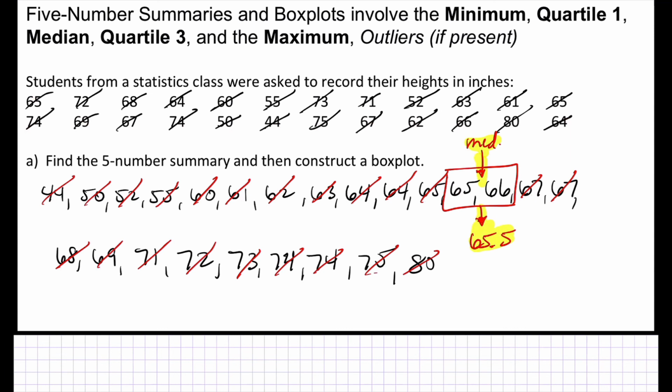We're going to find the middle of that. So cross out that one, cross out that one, cross out that one. And I got 2 again. That is called Q1. That one's going to be 61.5 because it's in the middle.